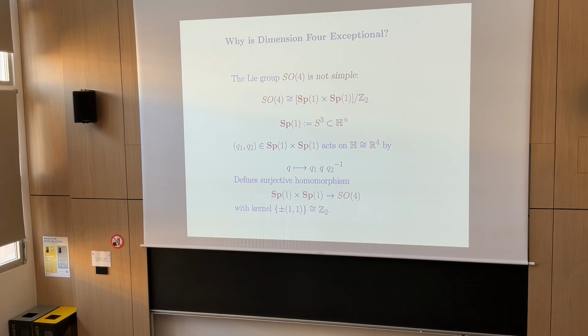How do you give the three-sphere a Lie group structure? You can think of it as a subgroup of the unit quaternions. It's the set of quaternions of length 1.